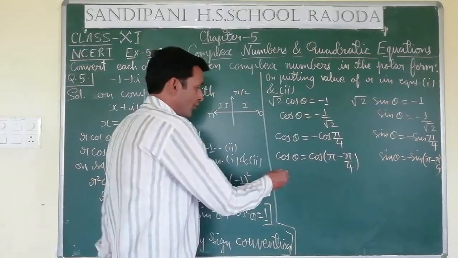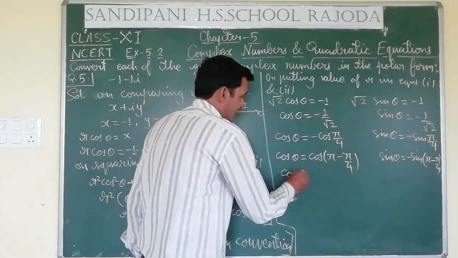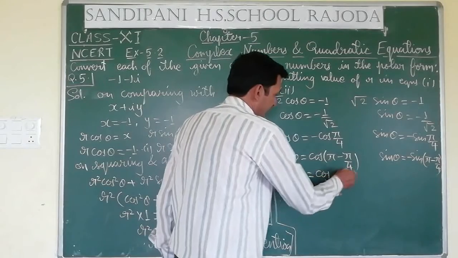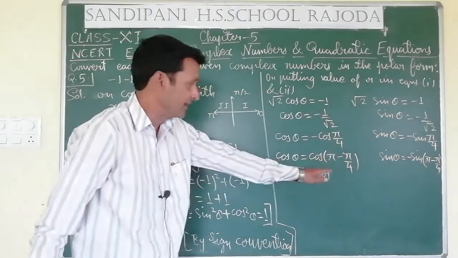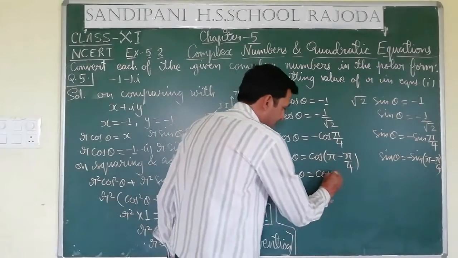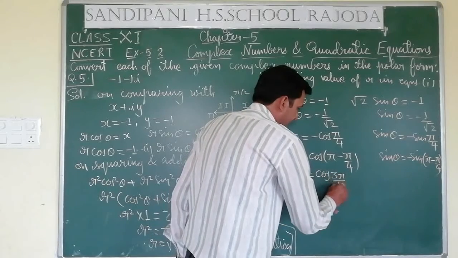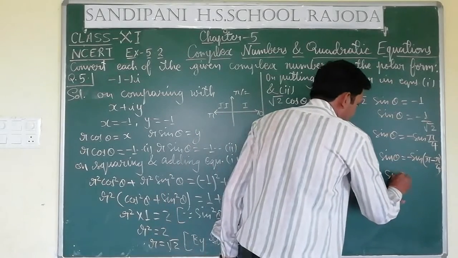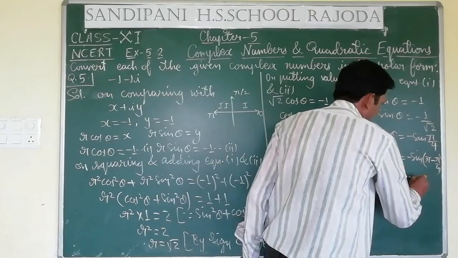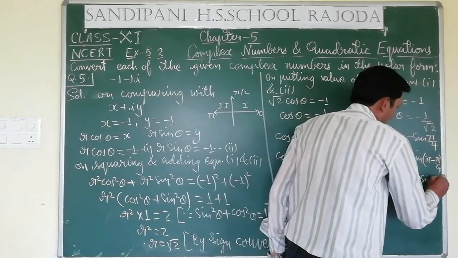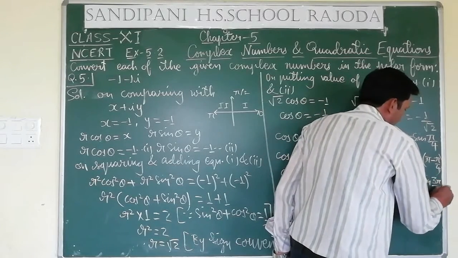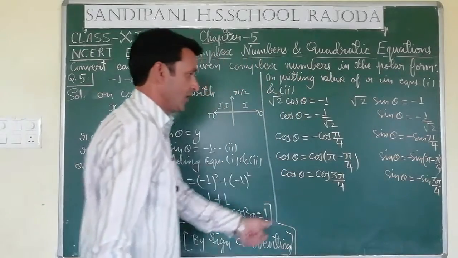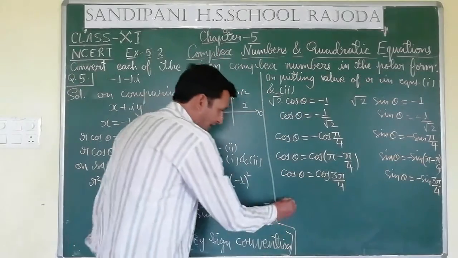So what we have to do? First of all, we have to solve this. Cos theta is equal to cos, on taking LCM 4 pi minus pi, that is 3 pi by 4, and sin theta is equal to minus sin 3 pi by 4. Now what we have to do? Now let us take one another concept.